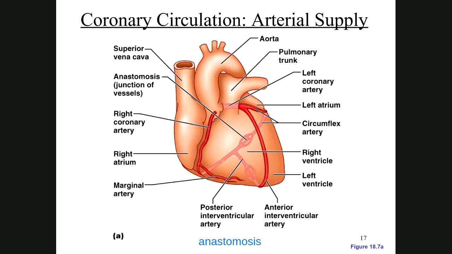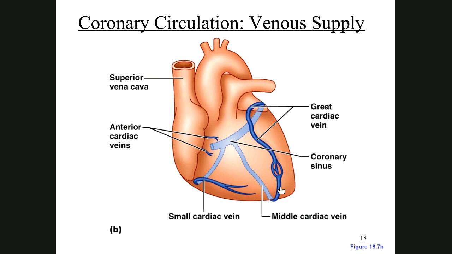All right, now if this is the anterior interventricular artery, running along it will be the great cardiac vein. Blood in the great cardiac vein goes upward and all the way around into the coronary sinus, just like the small cardiac vein goes all the way around into the coronary sinus.